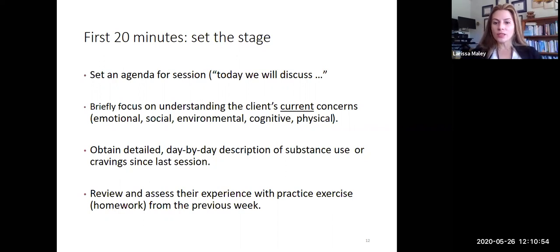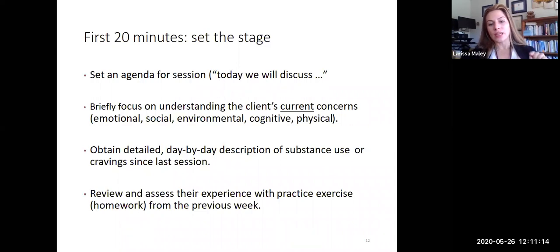You briefly focus on understanding how the X, Y, and Z you're going to talk about in that session relates to specific current concerns. CBT is not really that focused on the past. It's much more interested in what's going on in the person's day-to-day life right now that we can make some changes with.